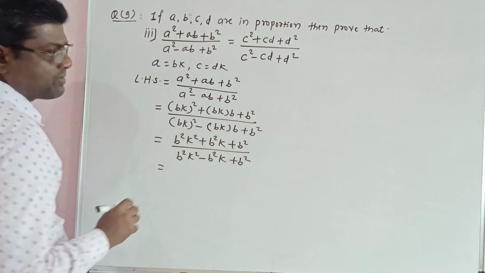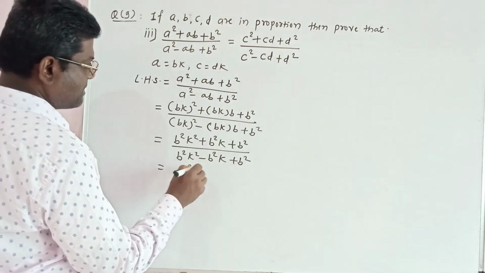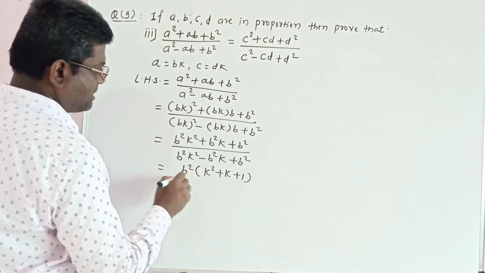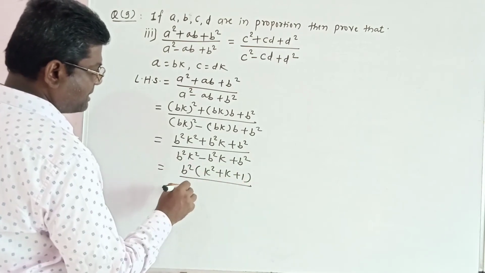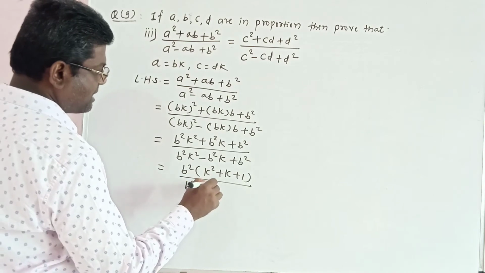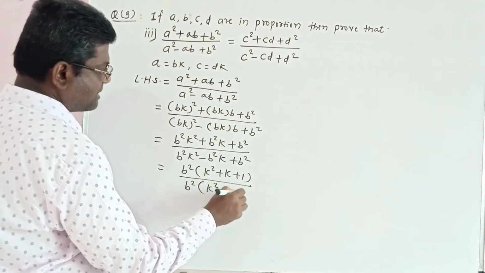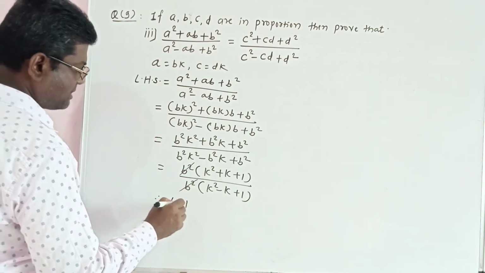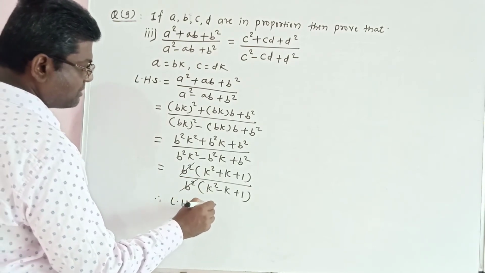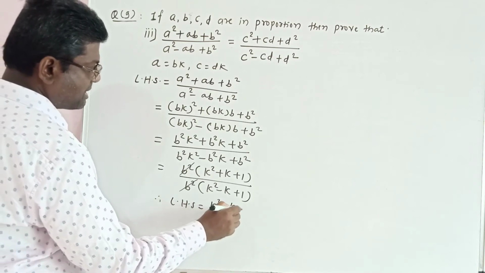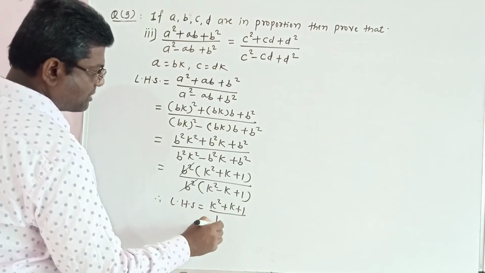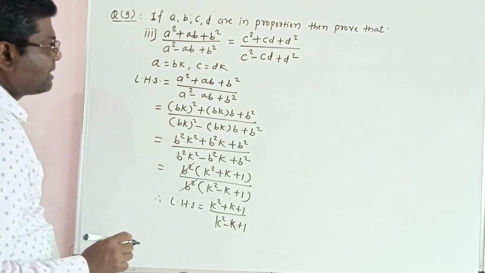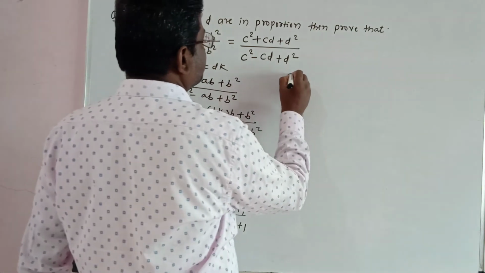Now take b square common. So b square in bracket k square plus k plus 1, and in the denominator also take b square common, b square in bracket k square minus k plus 1. This b square cancel, therefore we get LHS is equal to (k square plus k plus 1) upon (k square minus k plus 1). Now solve RHS.